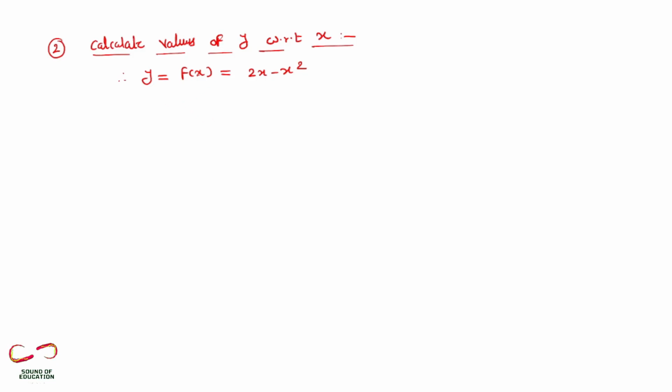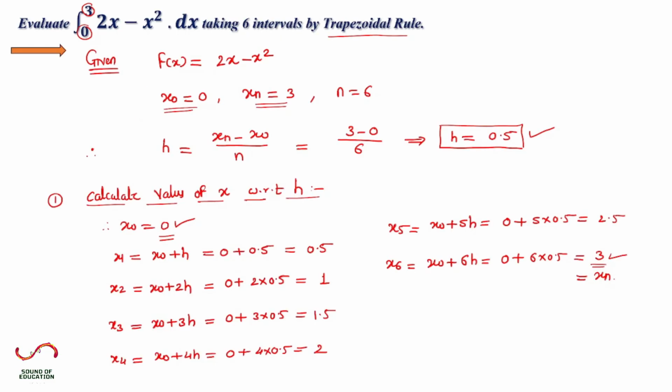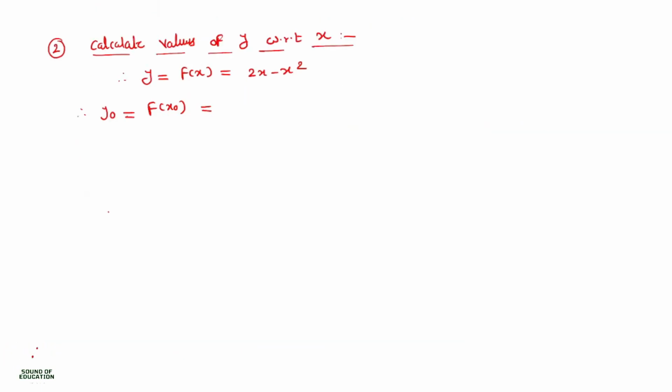जो हमारे पास x0 से लेके x6 तक की वैल्यूज है वो हम इस फंक्शन में पुट करके y की वैल्यू कैलकुलेट करेंगे। जैसे स्टार्टिंग फ्रॉम द y0, सो हियर y0 इज इक्वल टू f ऑफ x0। सो जहाँ पे भी x होगा वहाँ पे हम x0 की वैल्यू पुट करेंगे। अभी x0 कितना था पहला, x0 इज इक्वल टू 0। सो हियर we can write down the equation like this.